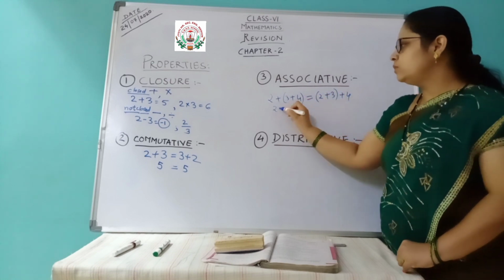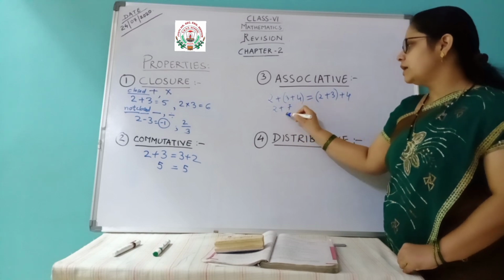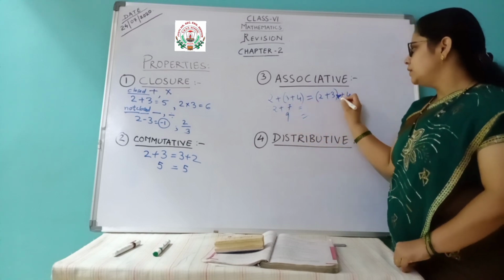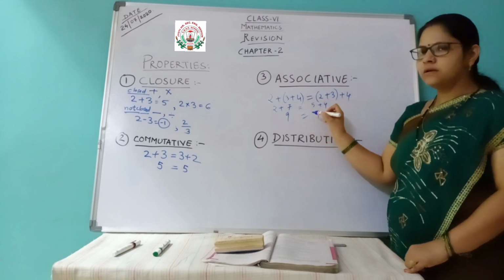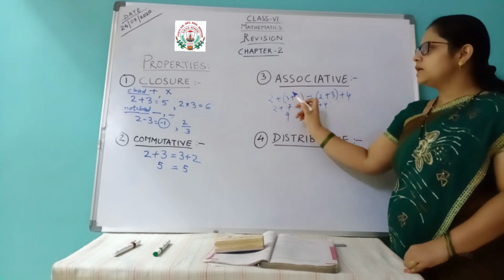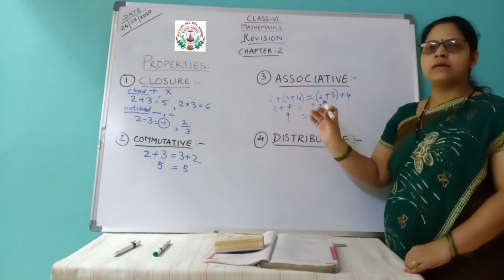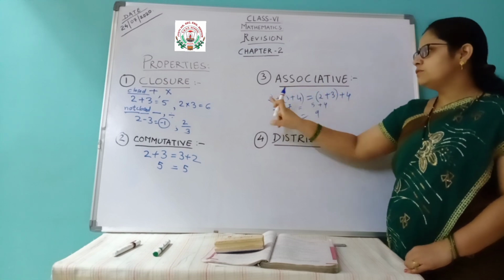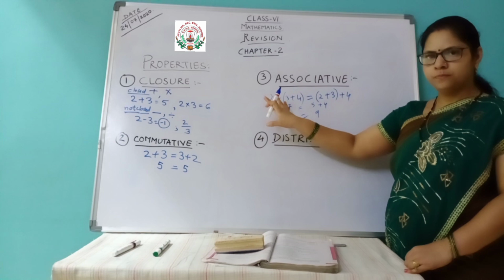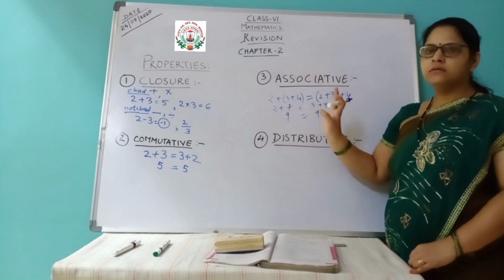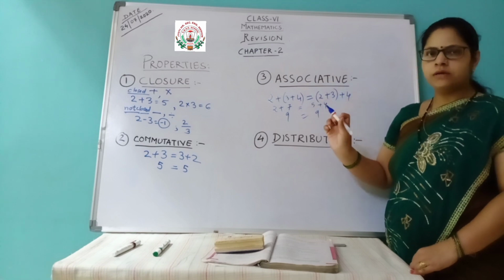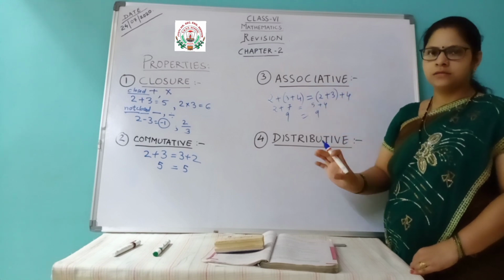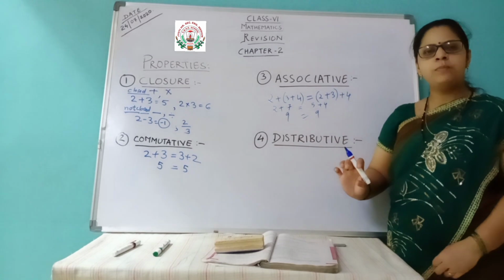Here 3 plus 4 is 7, and 2 plus 7, the answer is 9, and here 5 plus 4, here also the answer is 9. We are getting the same answer. Means if you change the position of the brackets, from the first two to the last two numbers, the result will be the same. That is called the associative property. Means change of the brackets is called the associative property.